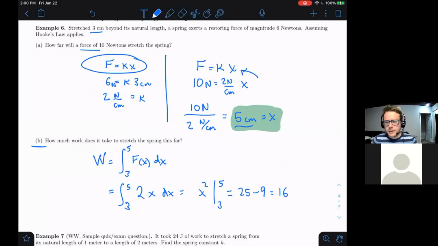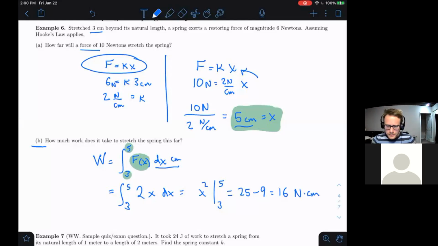Here's where we have to be a little bit careful thinking about what our units are. All of our x's, and importantly our dx right here, would have units of centimeters, because all of these had units of centimeters. And our force function had units of newtons. So the end answer here would have units of newtons times centimeters.